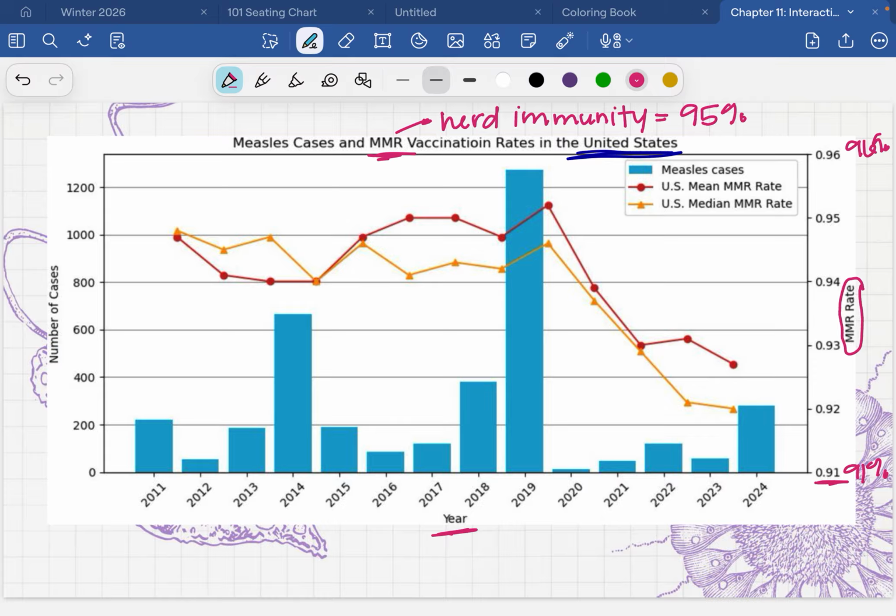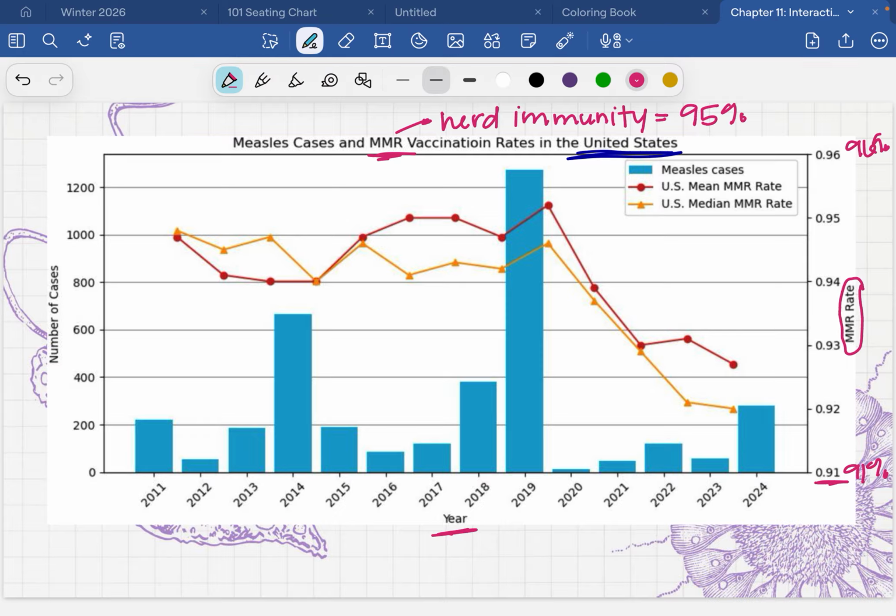Now, before 2011, the vaccination rates were well over 95%. They were approaching 100%. And the number of measles cases was basically immeasurable. The number of measles cases that we had in the US was nearly zero for a long time.